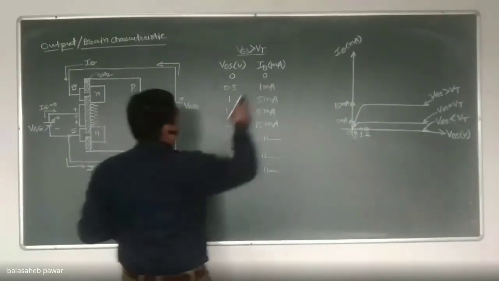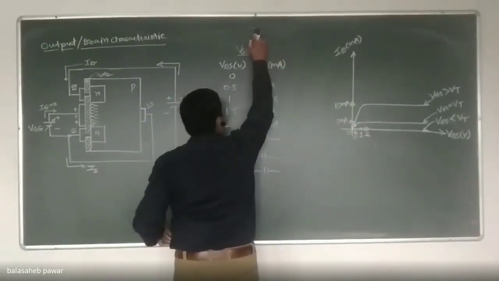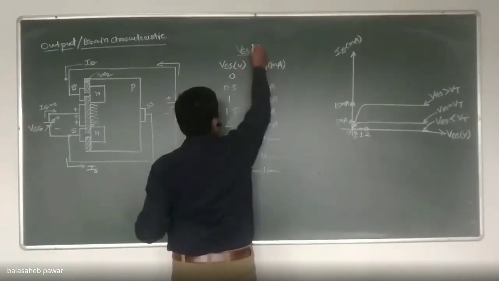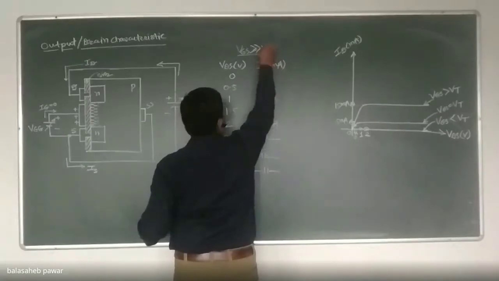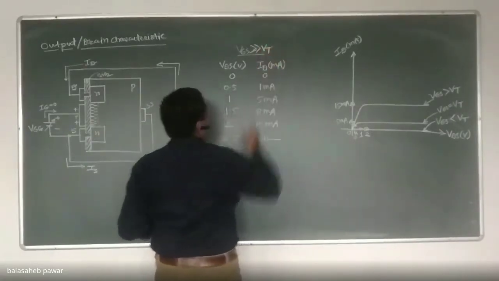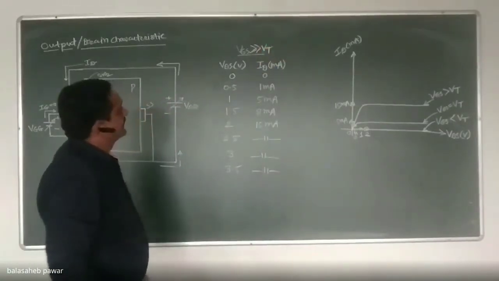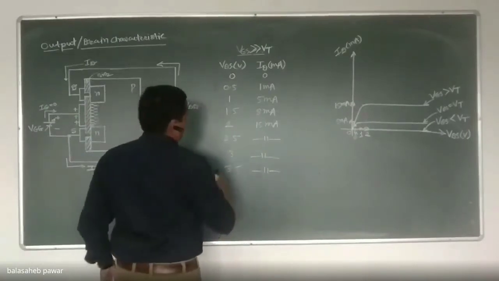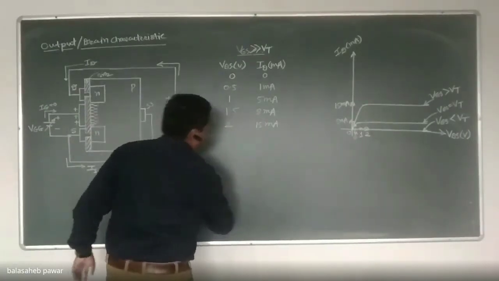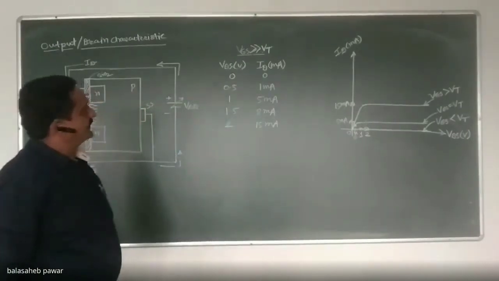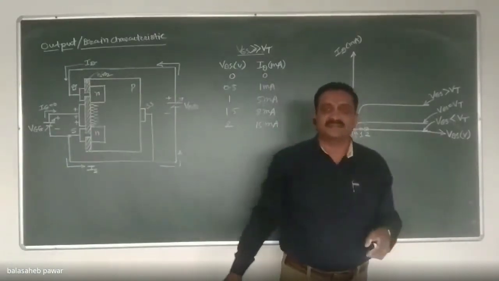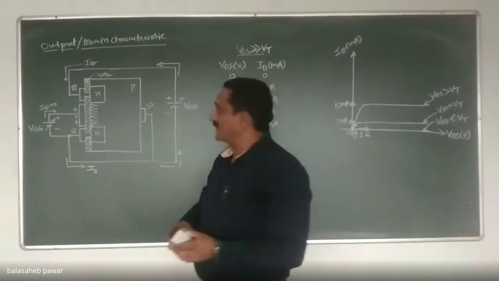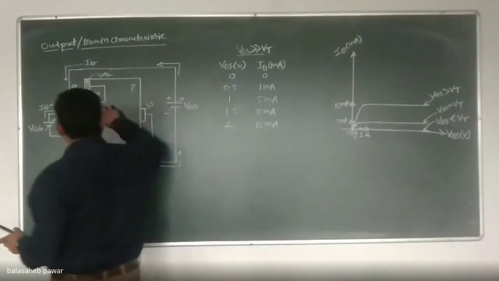Yes, sir. Okay. Now third case, I will consider this VGS somewhat greater than the previous value. Now, if by this VGS sufficiently large as compared to VT, accumulated charge carriers also will get increased.